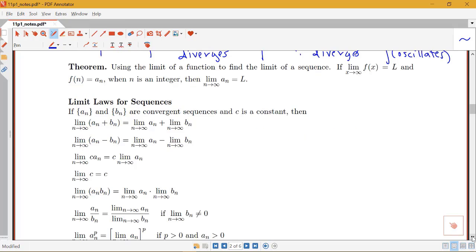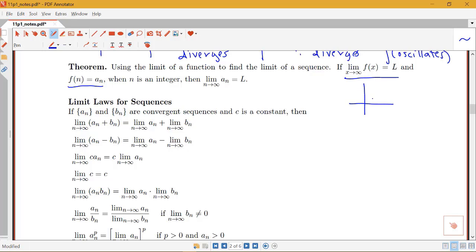This theorem talks about how we can use the limit of a function to find the limit of a sequence. It says that if the limit as x goes to infinity of f of x is L, and f of n equals an, then we can think about our sequence points as basically a subset of a function.